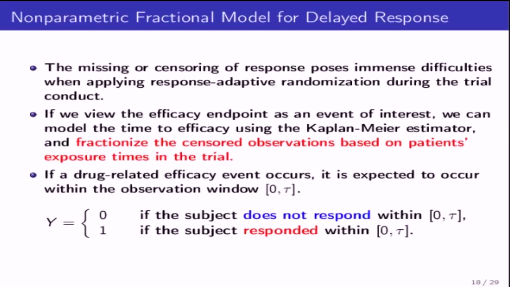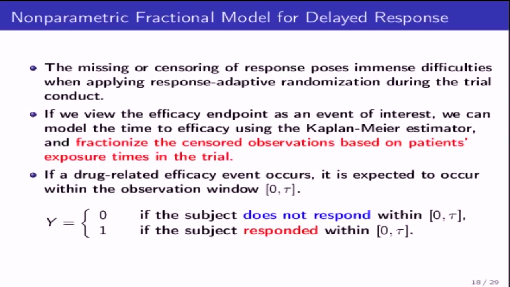The Kaplan-Meier estimator has another formulation, called redistribution to the right. Basically, you can fractionize the censored observation based on the patient's exposure time in the trial, so you can redistribute some of the point mass from the censored observation to the right, which you can consider to be infinity.